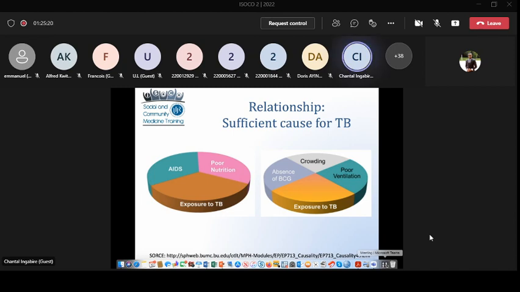Any other contribution about the sufficient component cause model, using the example of TB?